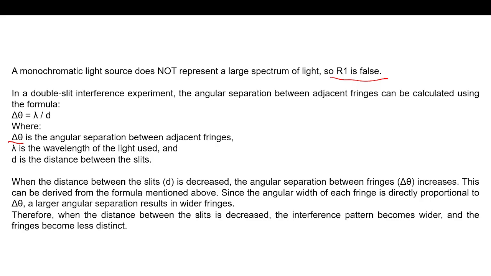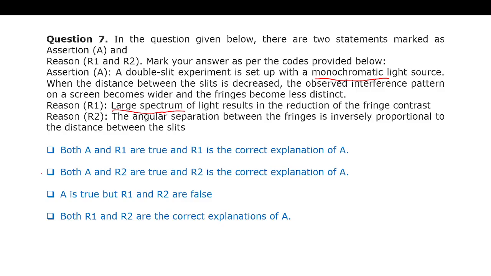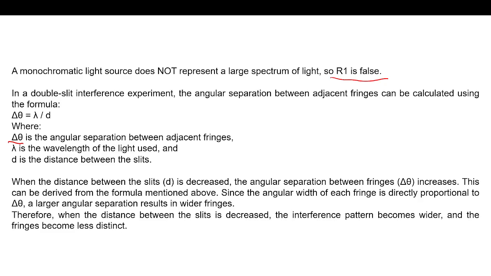When the distance between the slits d is decreased, the angular separation between fringes increases. This can be derived from the formula mentioned above. Since the angular width of each fringe is directly proportional to del theta, the larger angular separation results in wider fringes. So as you have mentioned, option B is the correct answer here. Therefore, when the distance between the slits is decreased, the interference pattern becomes wider and the fringes become less distinct.